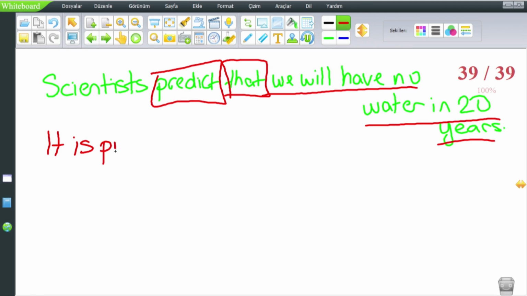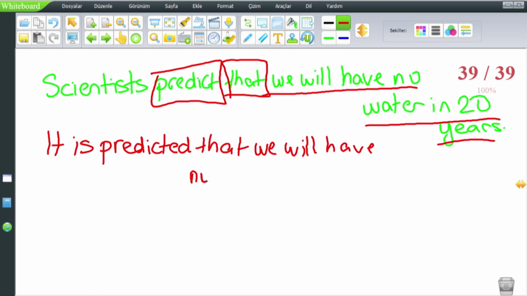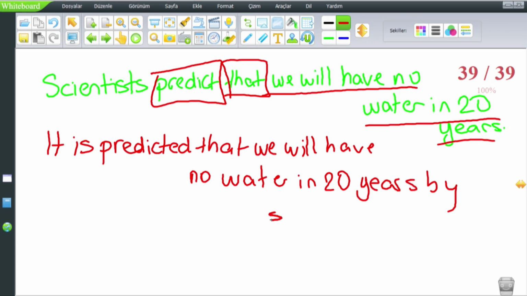It is predicted that we will have no water in 20 years by scientists.